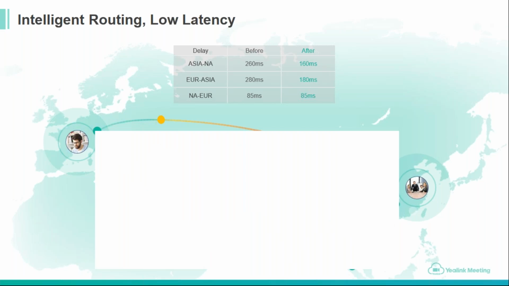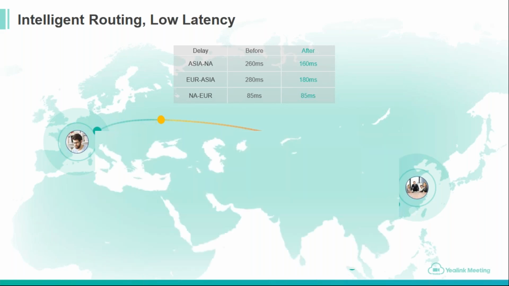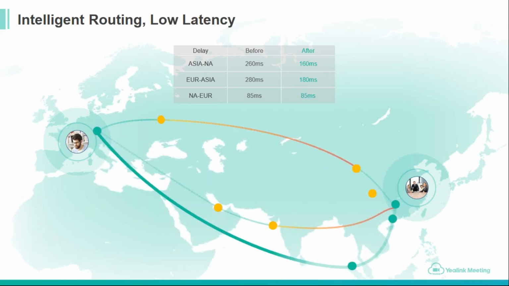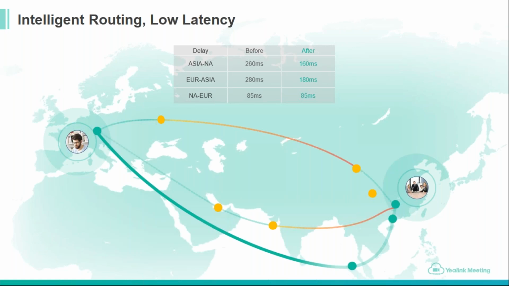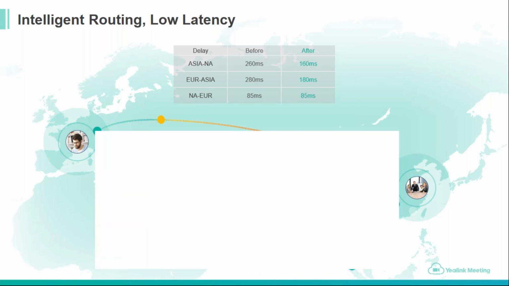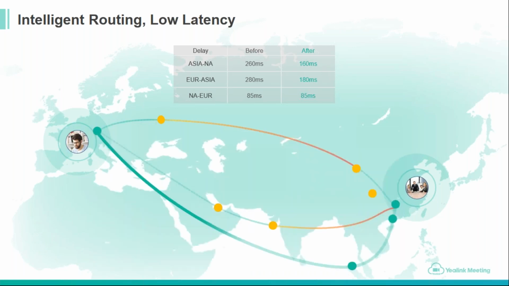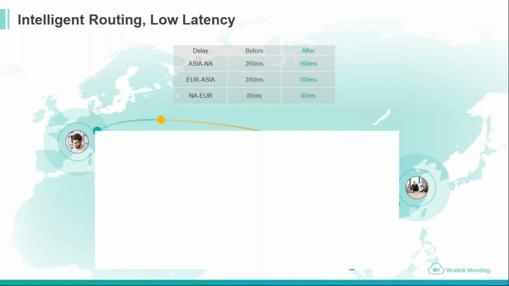The audio and video data will be transferred through these connections, which will also be backed up for each other. This technology is very useful when the network situation is not good between two locations. According to our testing, after we apply this technology, the latency is always less than 200 milliseconds between two locations across the world.